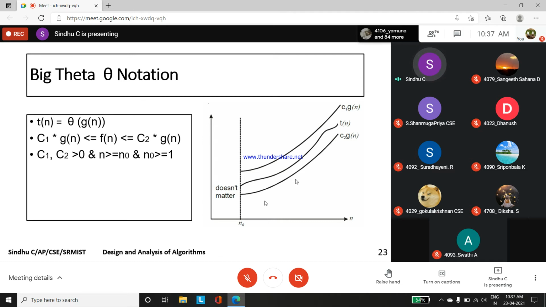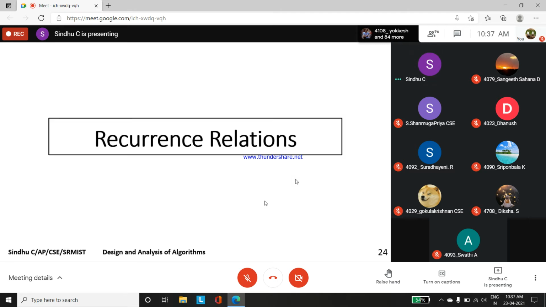So this is one way of analyzing your algorithm. So far we have seen step count, operation count, and asymptotic notations. Then you have recurrence relations. Recurrence relations can be used for calculating time and space complexity, and any problem can be solved using either recursive or non-recursive algorithms.